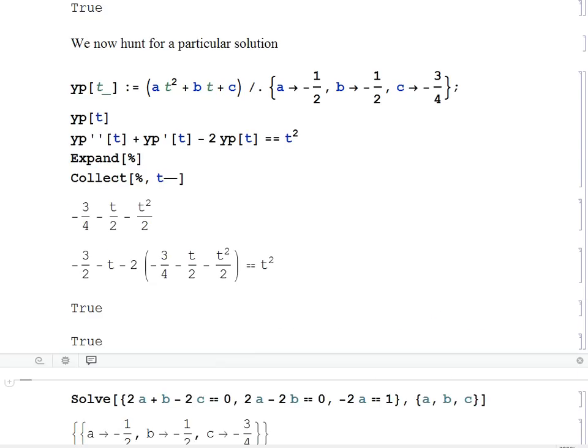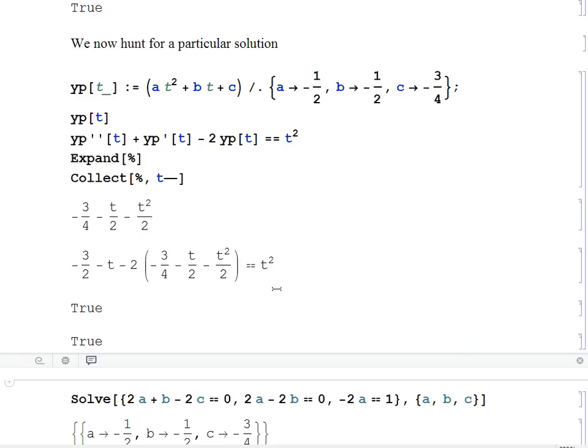So let's do that. Boom. So y of p is minus 3/4 minus t over 2 minus t squared over 2. And when we put it into this, we get this, but the minute we expand it, it's true. And then, of course, if you try to collect terms, it means nothing.